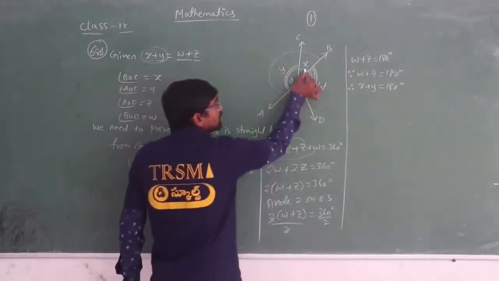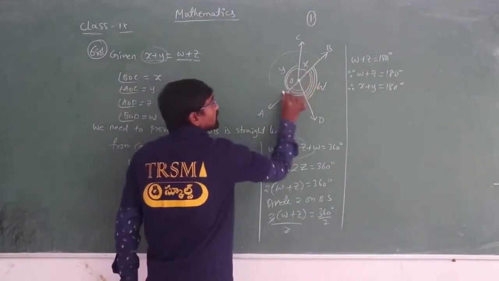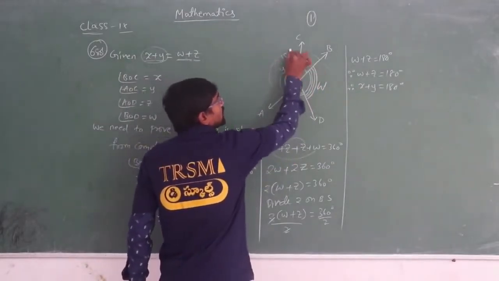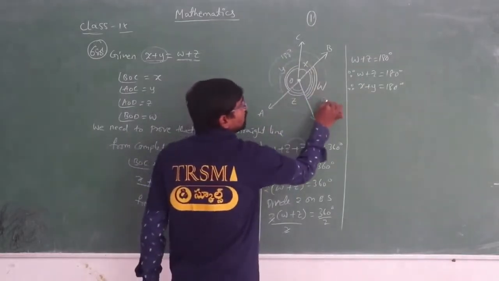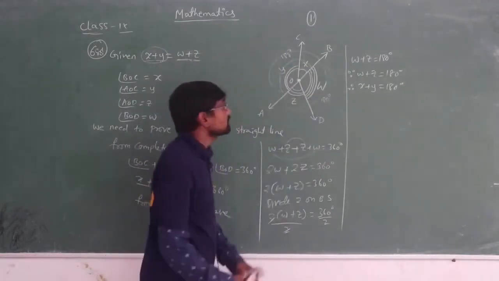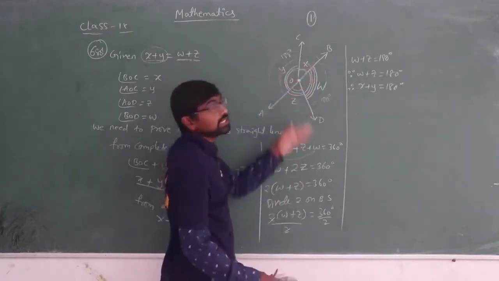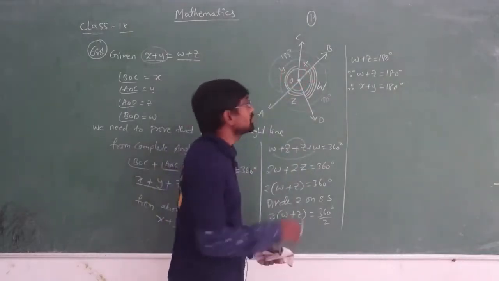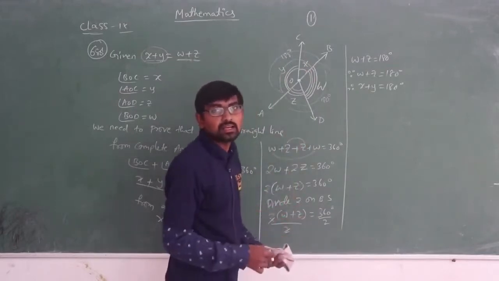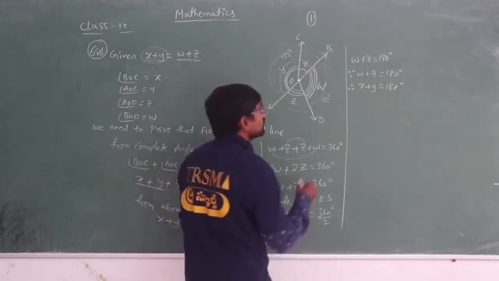You can see here X plus Y, this total angle, is 180 degrees, and similarly W plus Z is again 180 degrees, isn't it? Since 180 degrees is called a straight line angle, it means that AOB is a straight line, isn't it? So this is the thing.